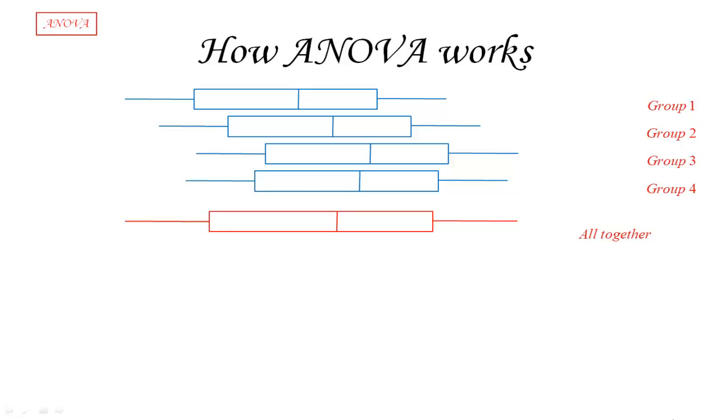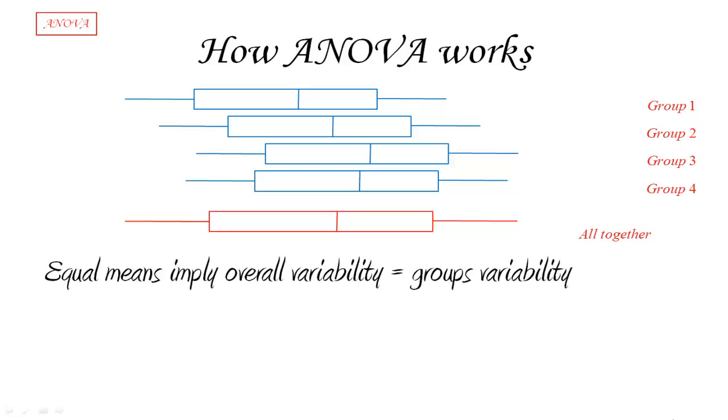In terms of variability, sure, it's going to go from the smallest minimum to the largest maximum, and something in between also is going to be combined, but overall it looks pretty similar. So what that means is that if we have four groups with equal means, that implies the overall variability of the whole group put together is going to be roughly equal to the variability of each of the groups.